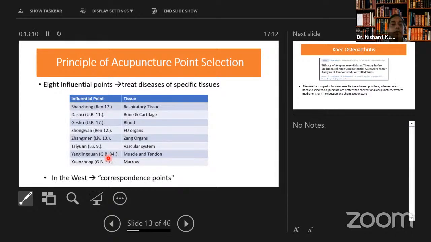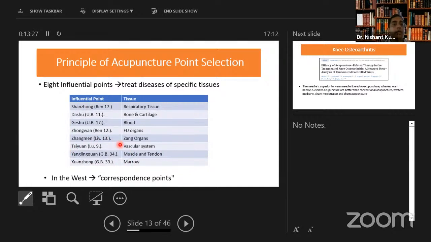Then, as mentioned earlier, there are certain influential points for certain diseases. For bone and cartilage, we have UB11, and for muscle and tendon, we have GB34.